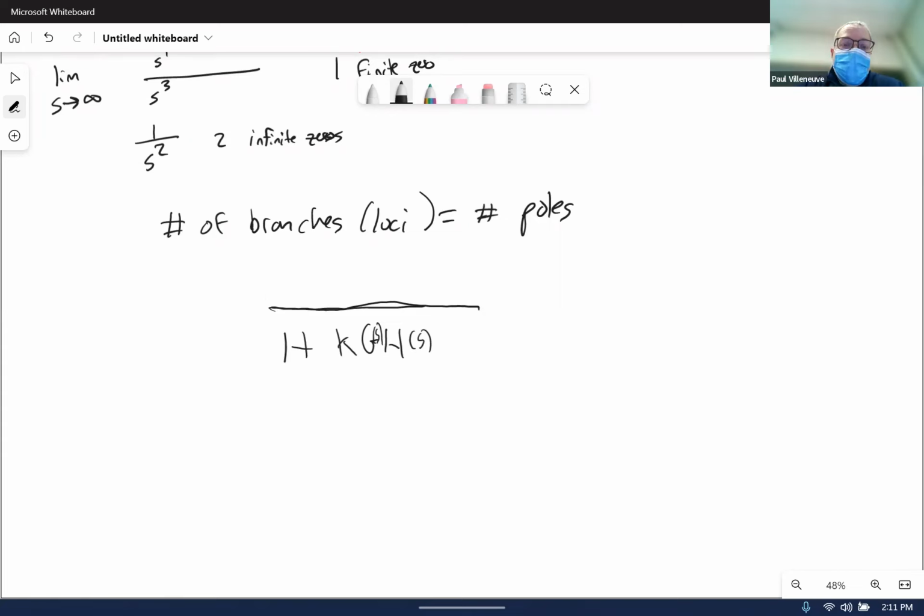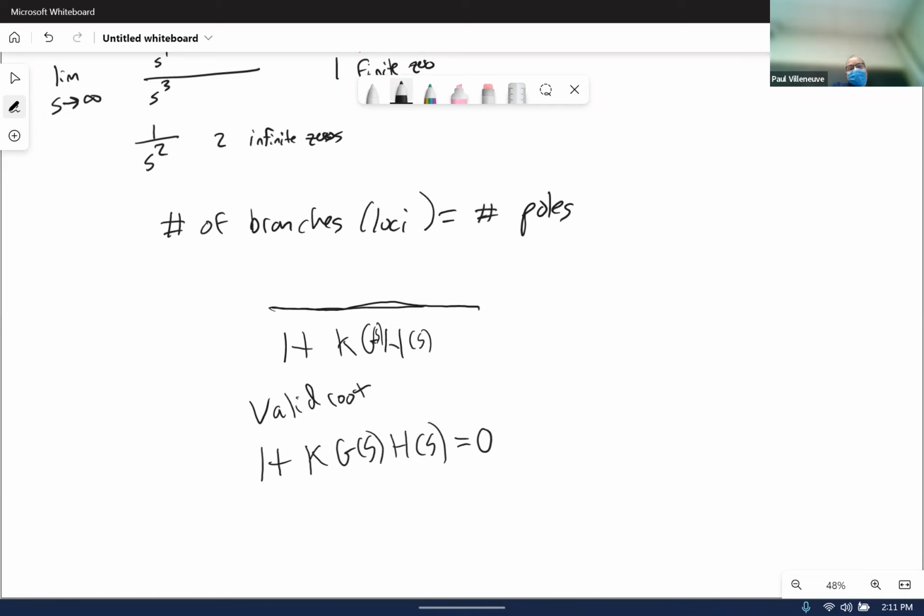So whatever value of K we applied, it has to be a valid root. So for a valid root, we require that 1 plus K times G of S, H of S, by definition, has to equal 0, doesn't it?